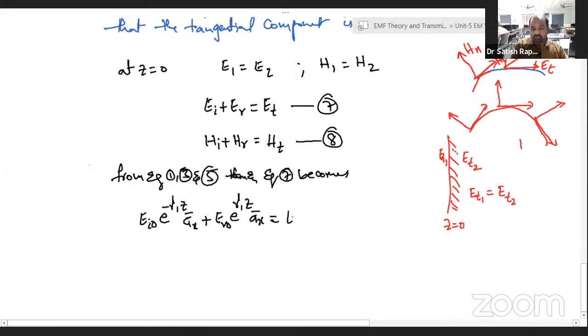So what is the transmitted field? Et naught e power minus gamma 2 z ax bar. Substituting equations 1, 3 and 5 in equation 7, we will get this.